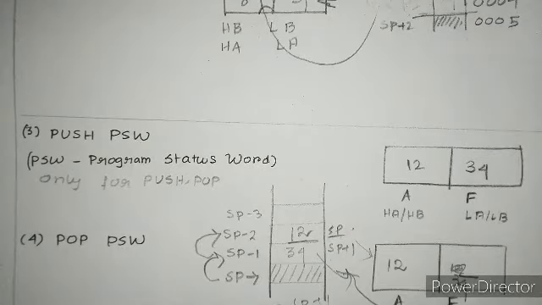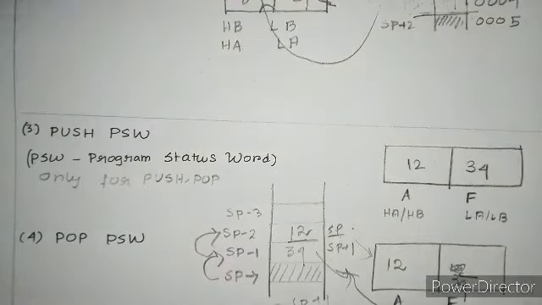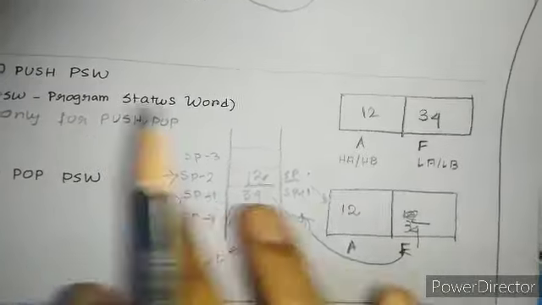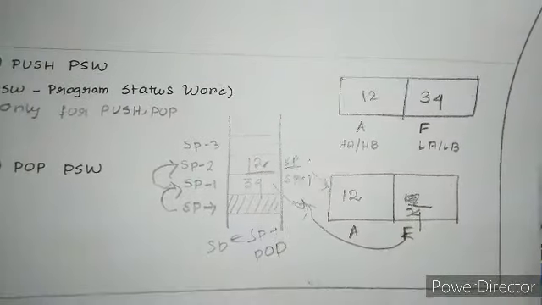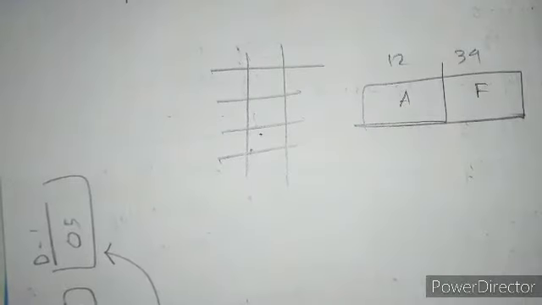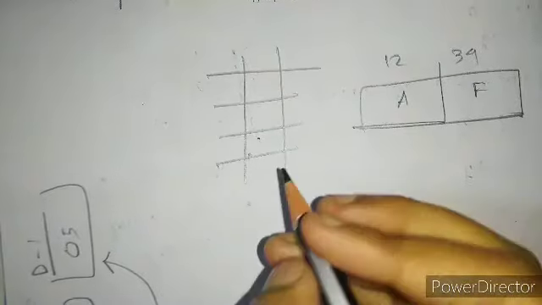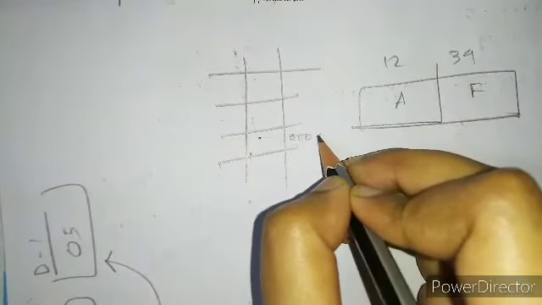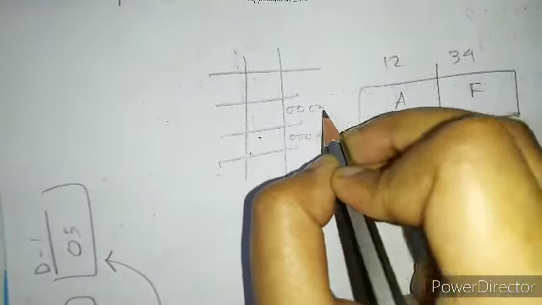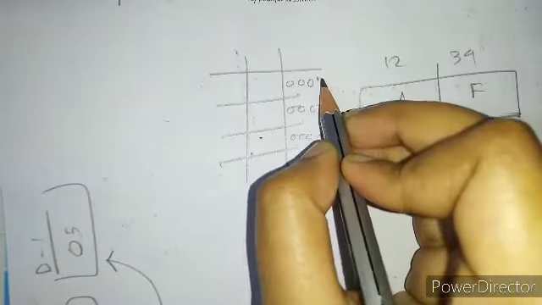I'm really sorry, but I have made a silly mistake which you should avoid. When I wrote push PSW and pop PSW, I messed up a little bit. What I have done wrong is, this is 0004, 0003, 0002.